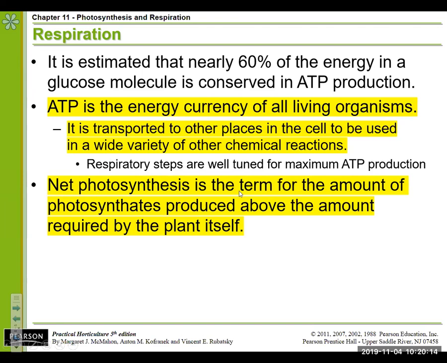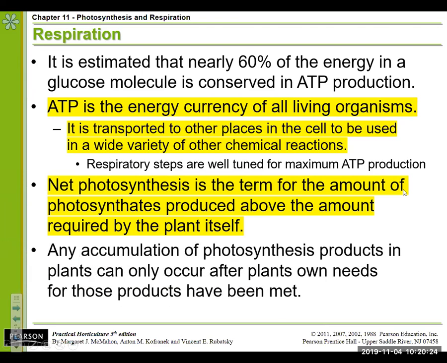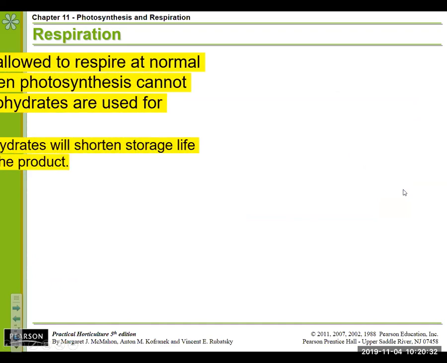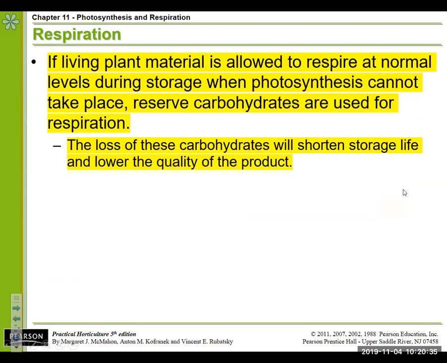The net photosynthesis, though, is the term for the amount of the photosynthates that are produced above the amount required for the plant just to live. And that accumulation of photosynthates is what we need to be able to get the harvestable portions of whatever crop we're growing.